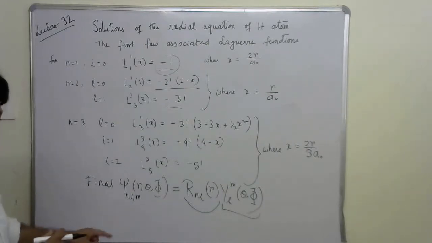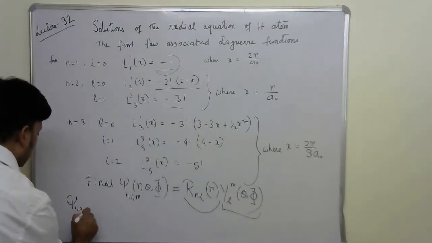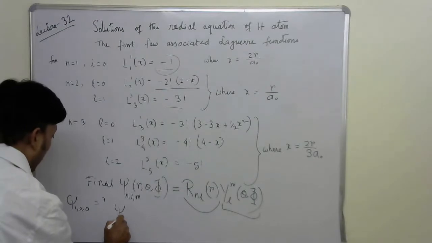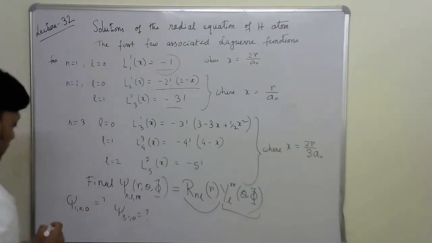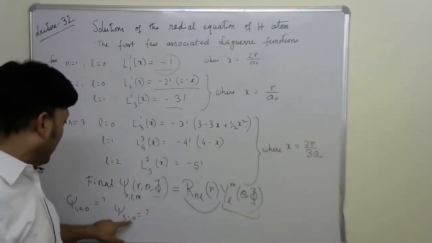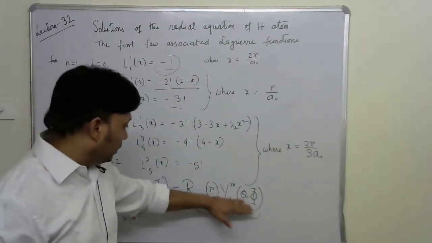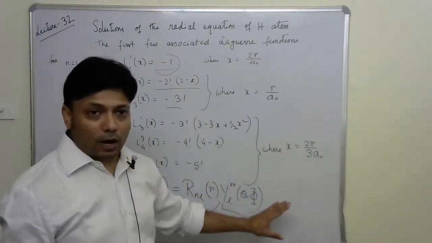From this, one can easily find the expression for psi 1,0,0, or similarly, the expression for psi 2,1,0, etc. We just have to use the n, l, and m values, plug them in here, and from the standard table we can derive it.